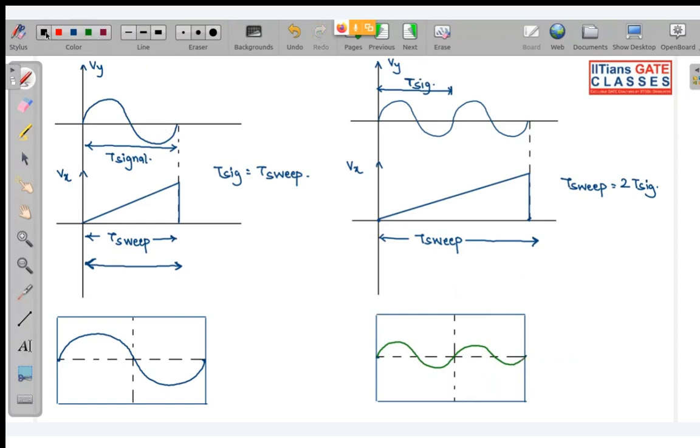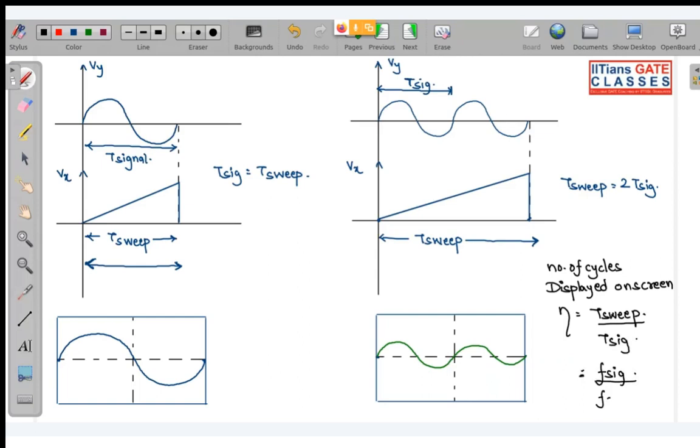Now I'm going to generalize this. The number of cycles displayed on screen, denoted by the Greek letter eta, is equal to time period of sweep divided by time period of signal, or you can write it as frequency of signal divided by frequency of sweep.